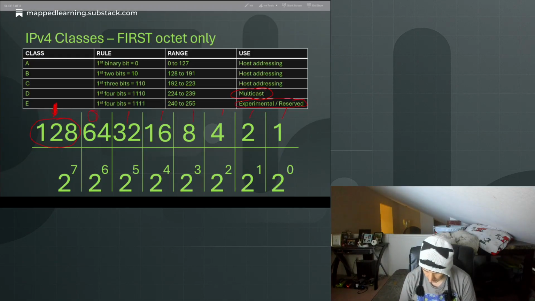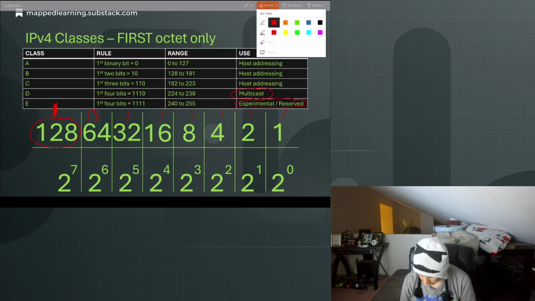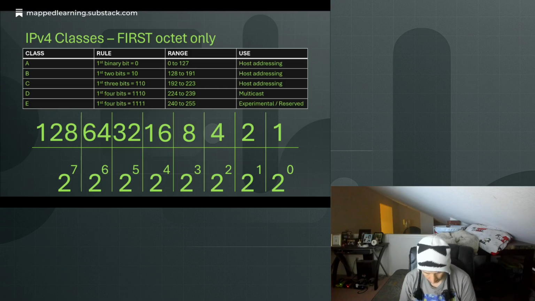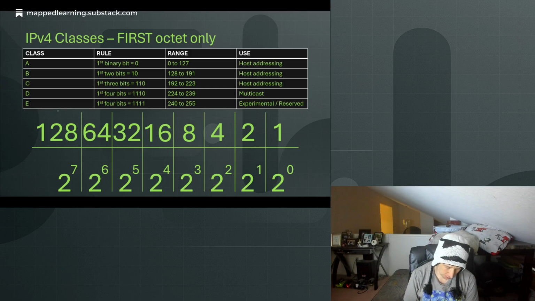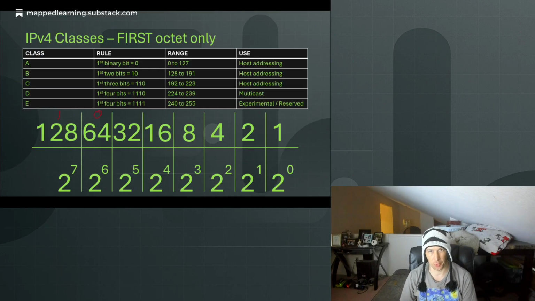So let me go ahead and erase my mess here. If the first binary bit is a 1 and the second binary bit is a 0, the lowest address would be 1 followed by a bunch of zeros. So if you add 1, 128, and 0 for the rest of the bits, the first number is 128.